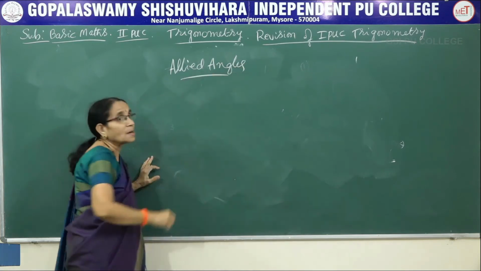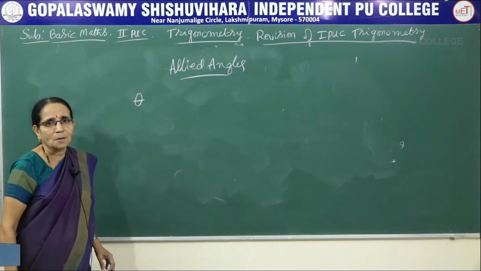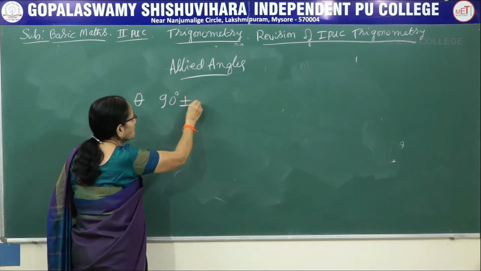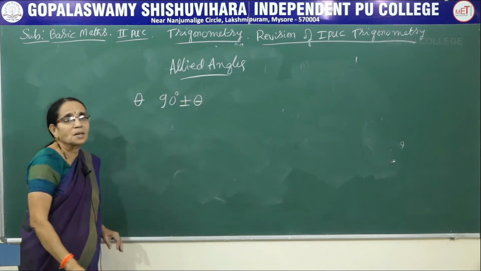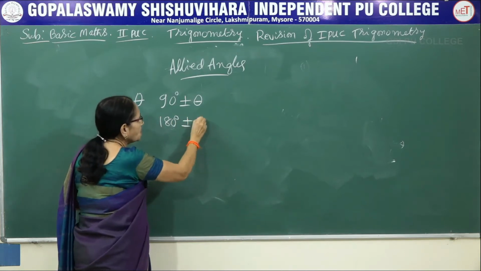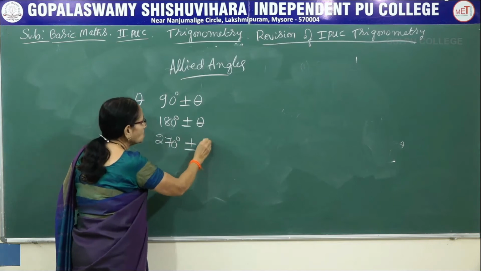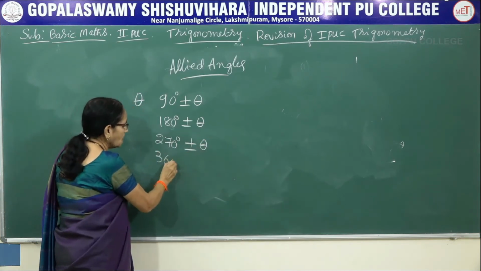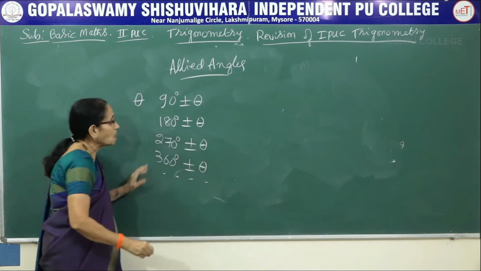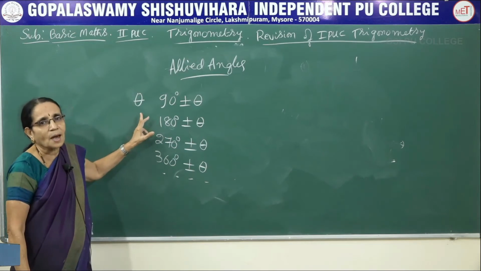What do you mean by an allied angle here? Let me consider an angle theta, some general angle. Now for this angle, suppose I write 90 plus theta or 90 minus theta, 180 plus theta, 180 minus theta, 270 plus theta, 270 minus theta and 360 plus or minus theta, etc. All these angles, we call them the allied angles of the angle theta.